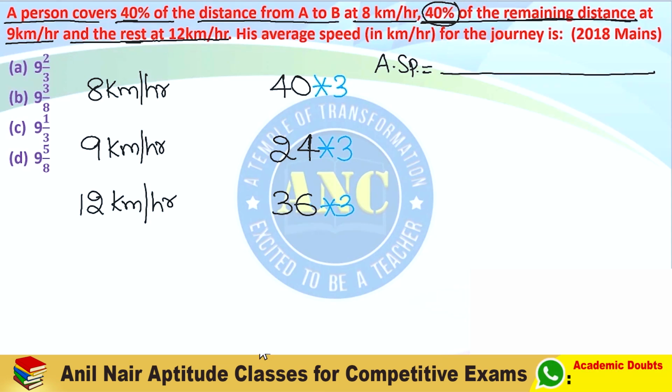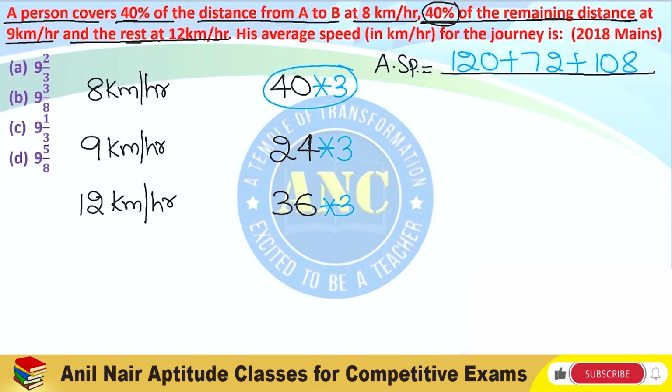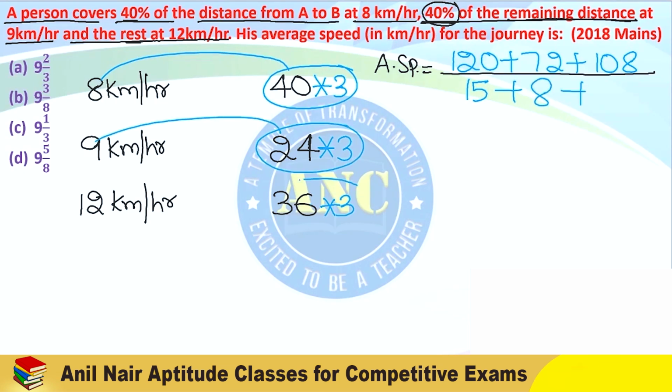So now the total distance is 120 plus 72 plus 108, divided by total time. 120 divided by 8 is 15 hours. 72 divided by 9 is 8 hours. 108 divided by 12 is 9 hours.